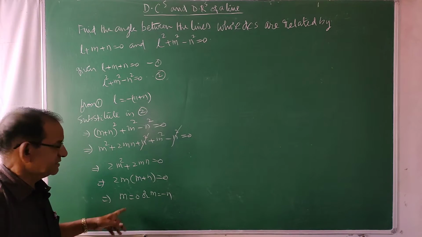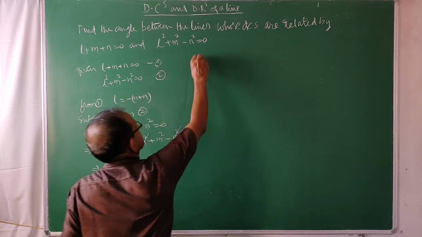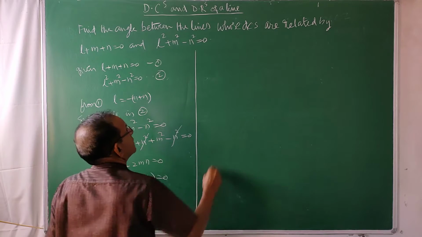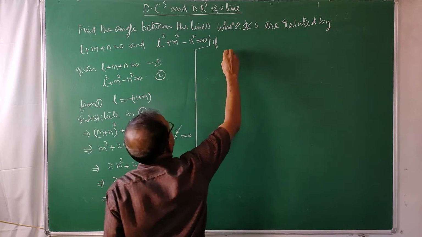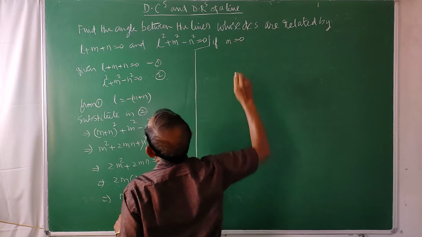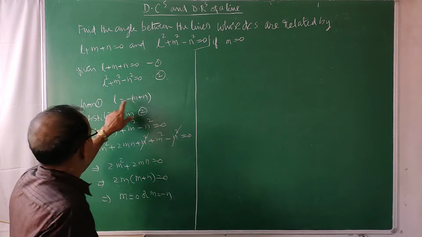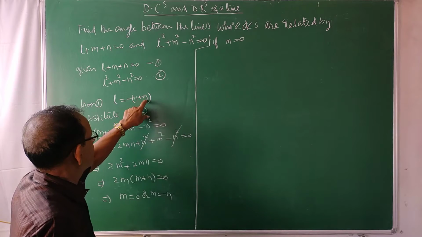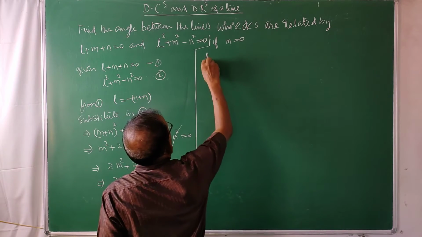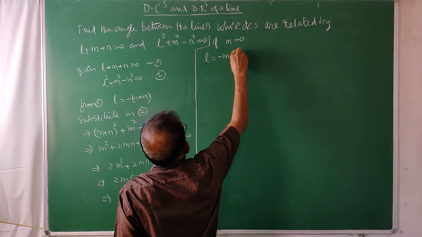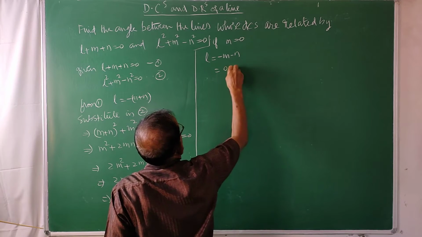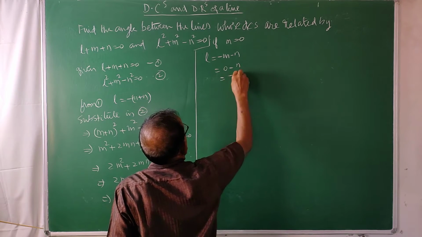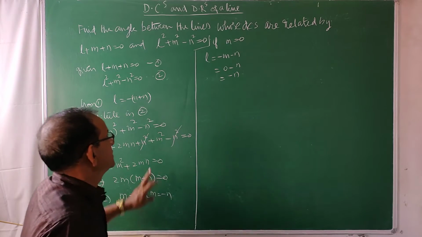Now I have to take each case separately. First case, m is equal to 0, then l is equal to minus m minus n, that is 0 minus n, so l is equal to minus n. m is 0, l is minus n.